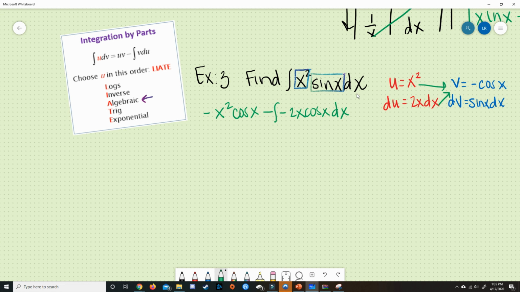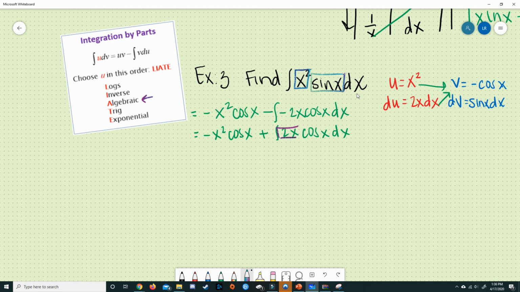Now a negative and a negative makes a positive, so we can make that a positive. And remember, this is all equaling each other. So negative x squared cosine of x plus the integral of 2x cosine of x dx. Now, we are not done until we've dealt with this integral. Our answer is not going to have an integral in it. We need to find the antiderivative. Well, what I notice is I have another product here.